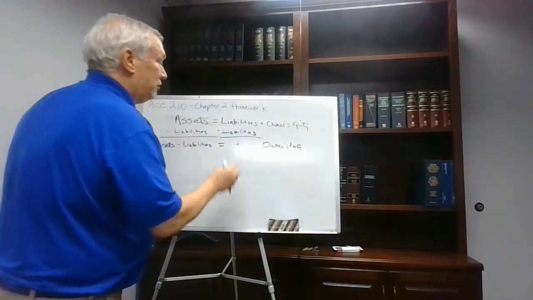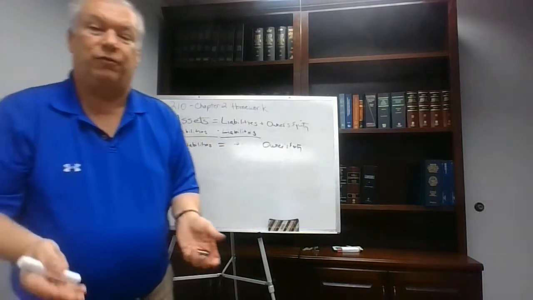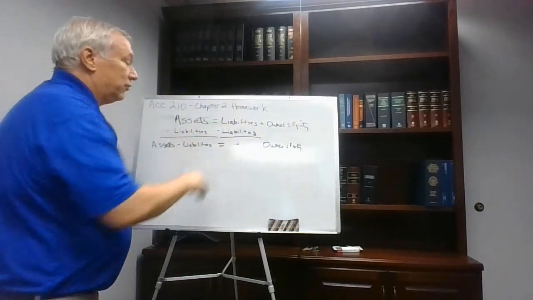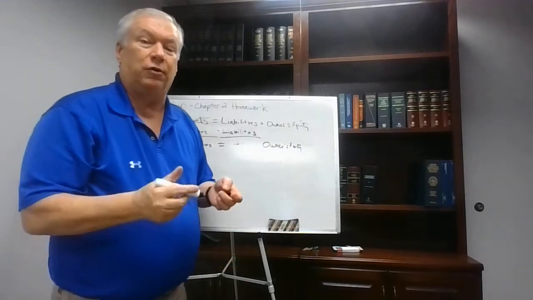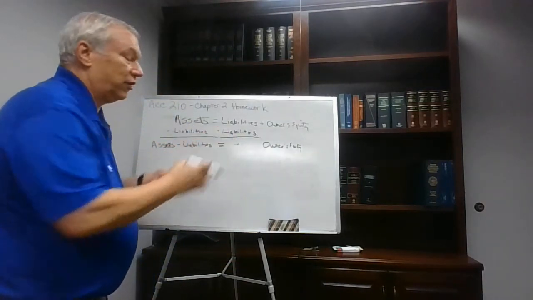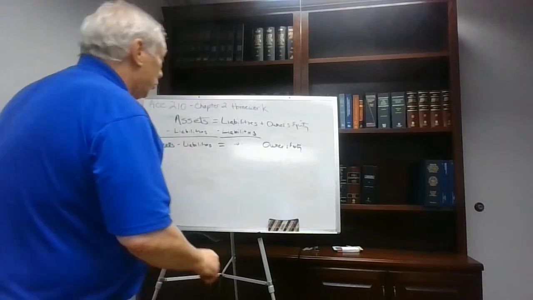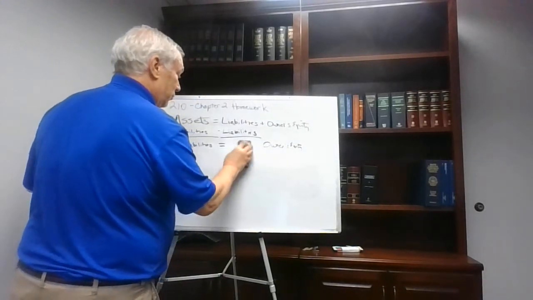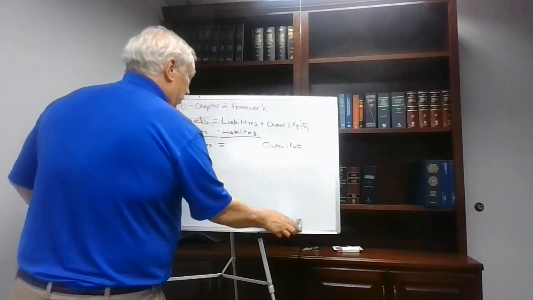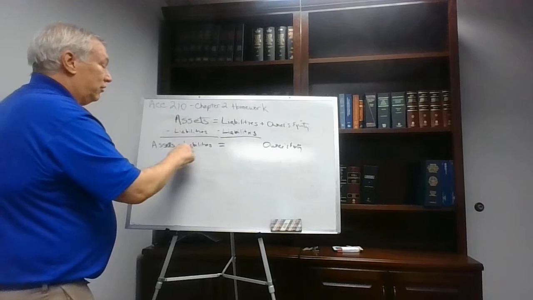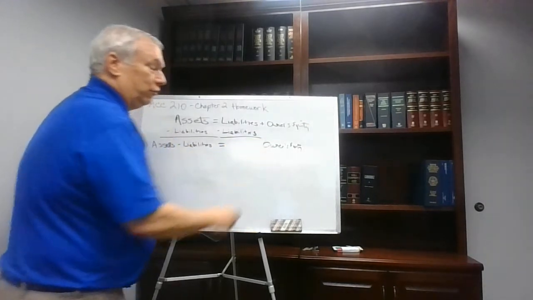See how we did that? You don't have to do it with real numbers. You can do it with variables. The names of these different things are the variables. So when you fill in the numbers, then you're solving the equation. In this case, your book has done this for you. And since it's a 0, we can get rid of the 0 here. They start and give you this as the accounting equation: assets minus liabilities equals owner's equity.